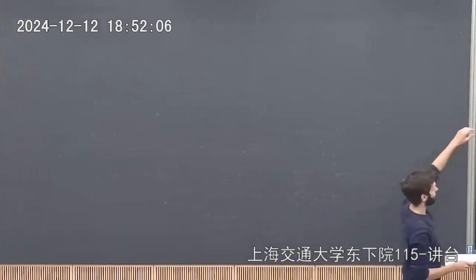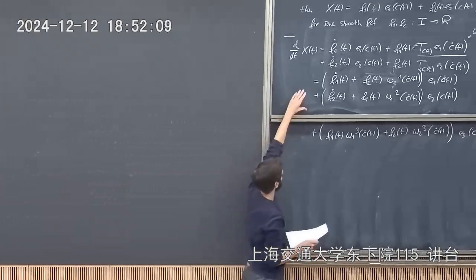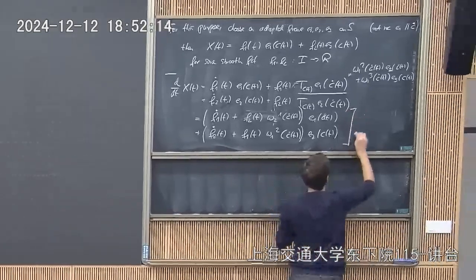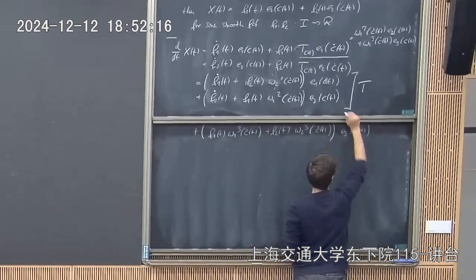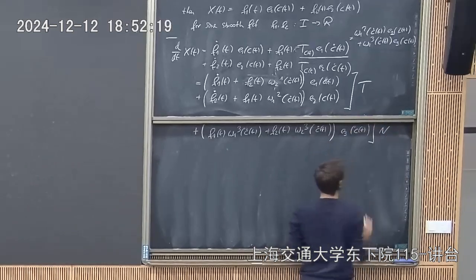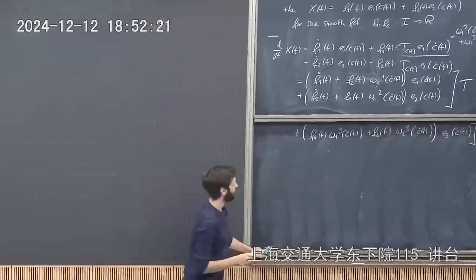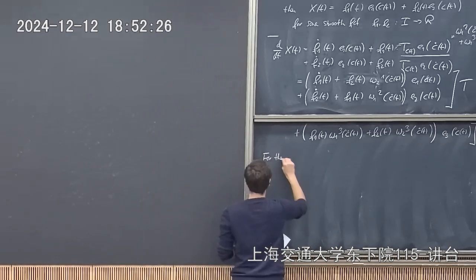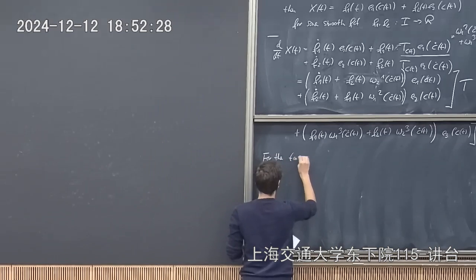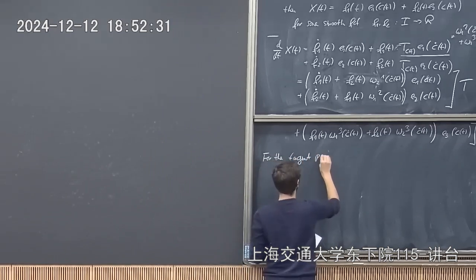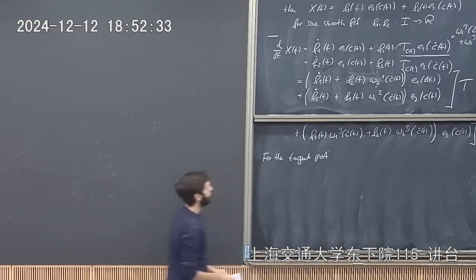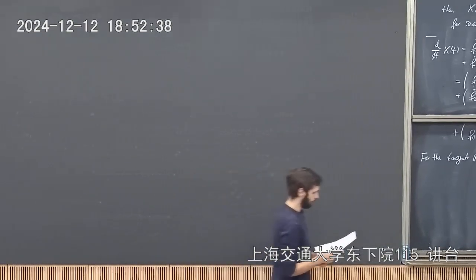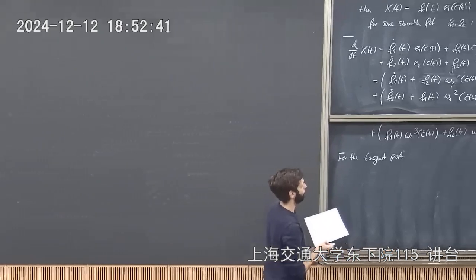So now let's have a look at both of these terms. The one that is tangent, so that's this part, which is the tangent part, and then we have this part, which is the normal part. So for the tangent part, well, it's a formula, but there's not much that we can do to simplify that further.